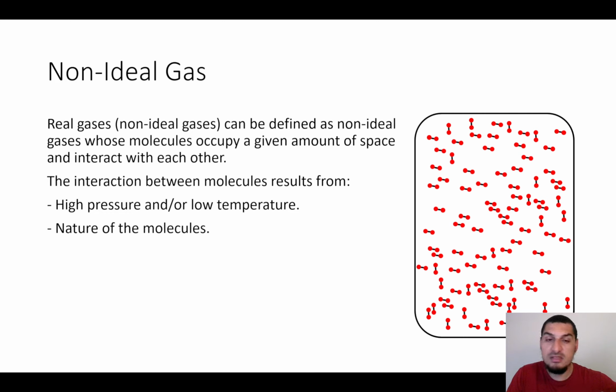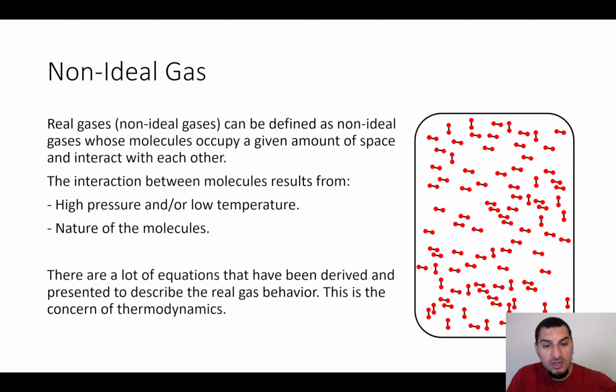So this is one other thing that would make the molecules non-ideal. Anyway, there are a lot of details about ideal and non-ideal gases, but these are the main points that I want to make clear before we proceed, just to understand what we mean by ideal gas and non-ideal gas.